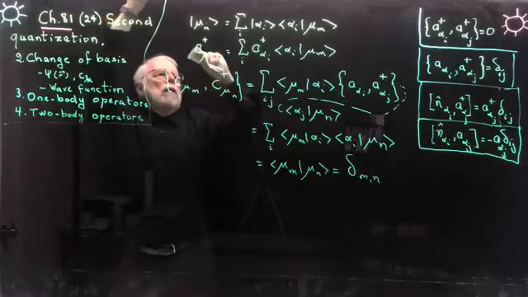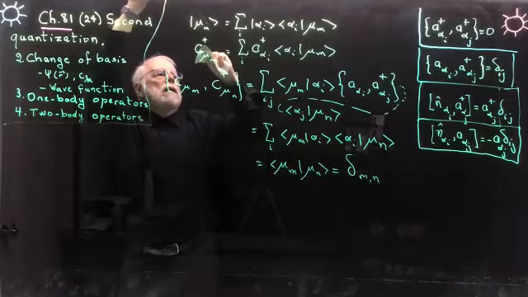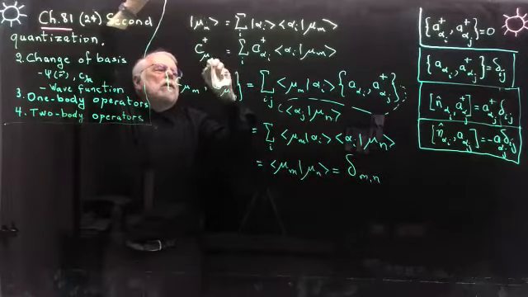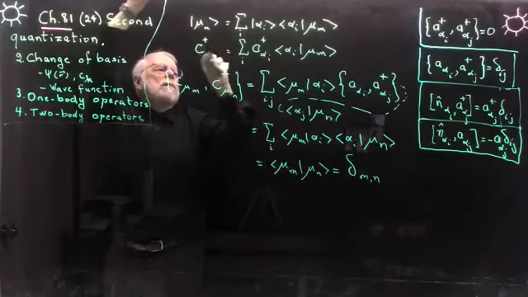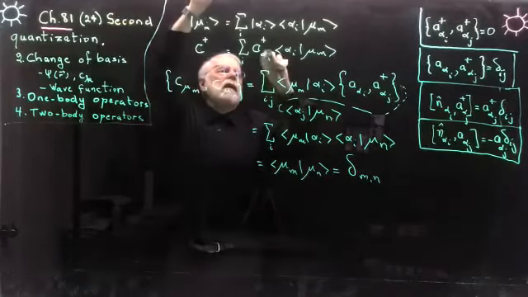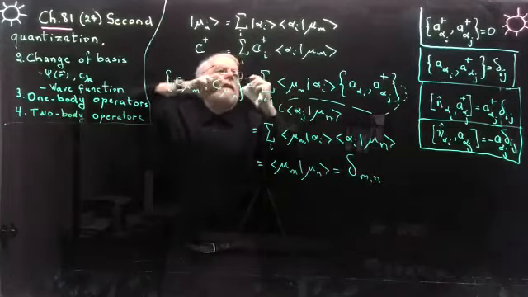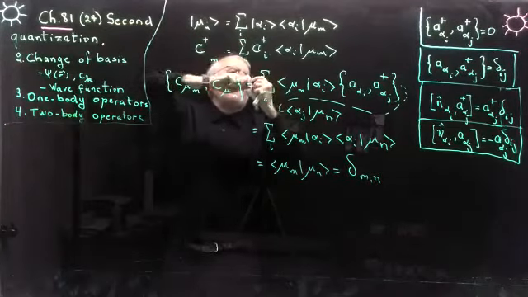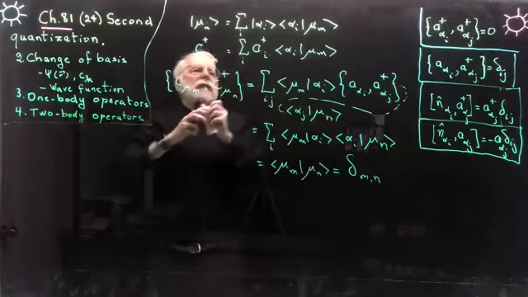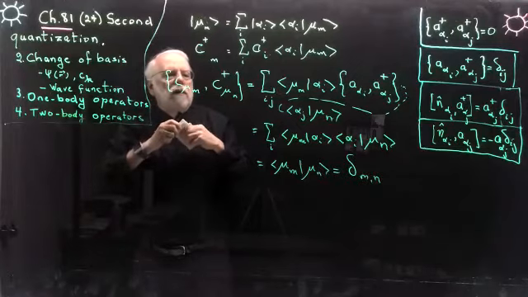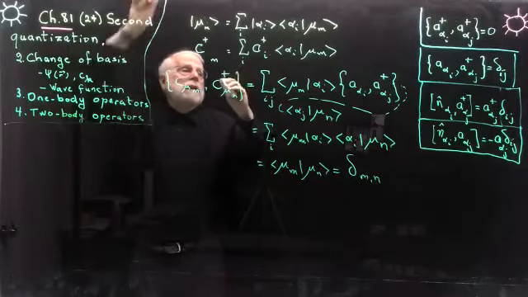So I can shorten the notation by forgetting about putting the basis in the symbol. So I could have C dagger m and A i, and here I can leave this if I want. You see what I mean? So that is what is done in practice.